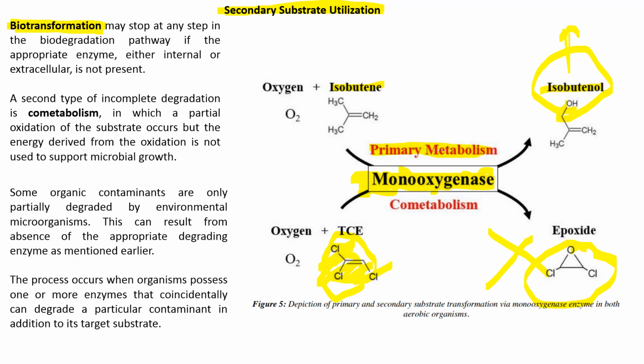It cannot be used to produce energy, and this oxygenase enzyme converts this TCE epoxide just because it can, not because it needs energy from the pollutant. This mechanism is called co-metabolism, and this epoxide is not mineralized into carbon dioxide and water. It is an incomplete degradation. This partial oxidation of substrate is called co-metabolism or secondary substrate utilization, because it does not depend on this pollutant for energy or ATPs.